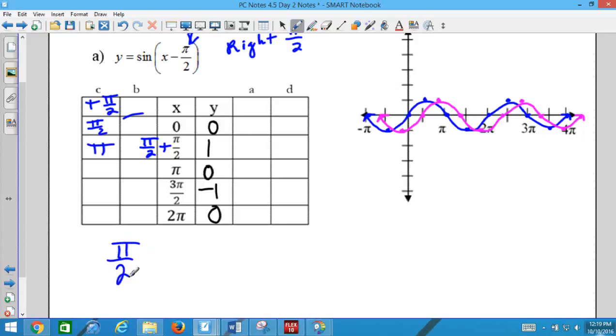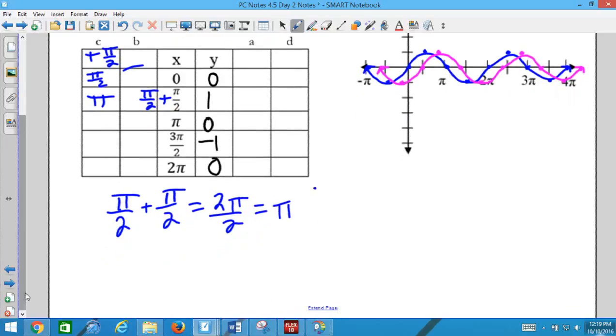It's kind of hard to see up there. We're adding fractions. The next one is pi plus pi over 2. Now to add fractions, you have to have like denominators. So this would be 2 pi over 2 plus pi over 2, 3 pi over 2.